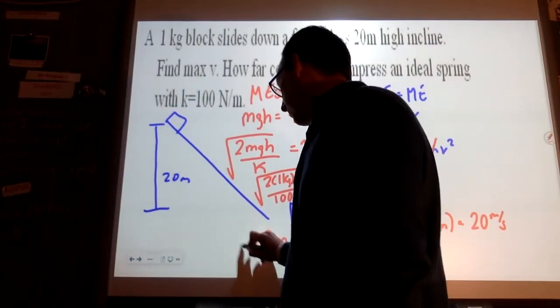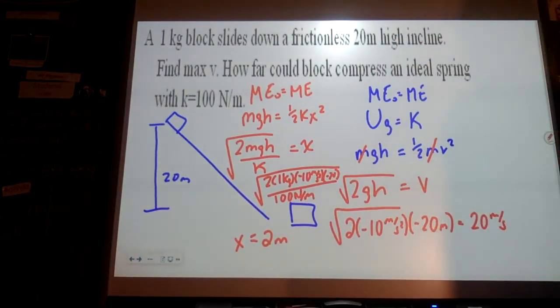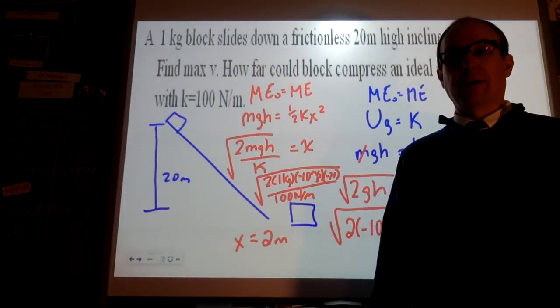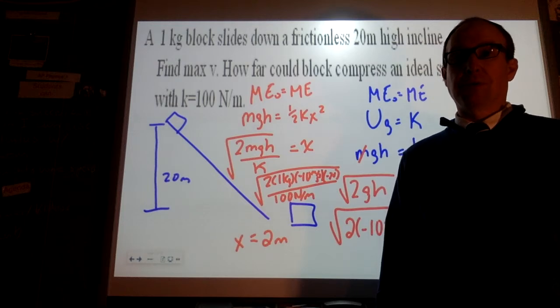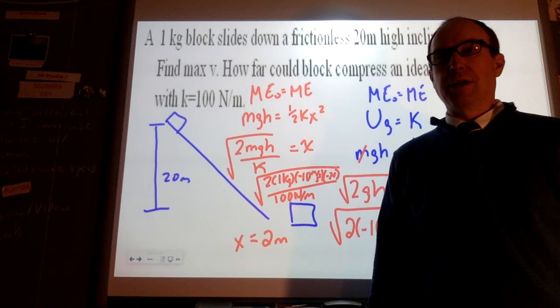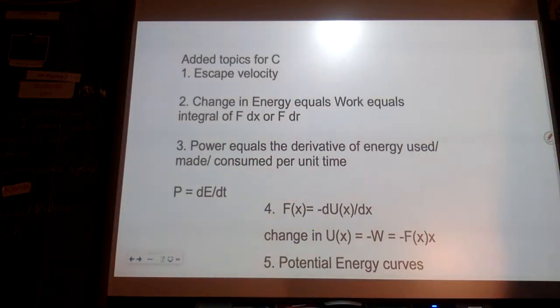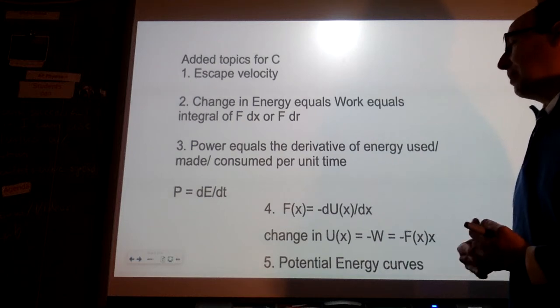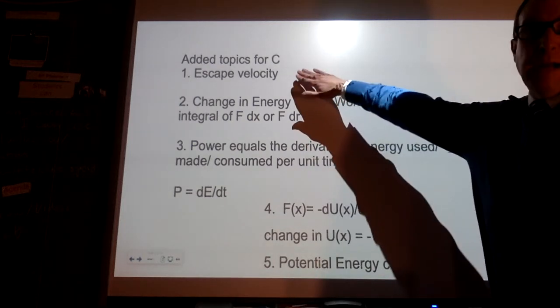So 2 meters. And again, unless they tell us that we have friction or air resistance, we're going to assume that we don't. And they would do that just by saying something's rough would be enough for them to say it.